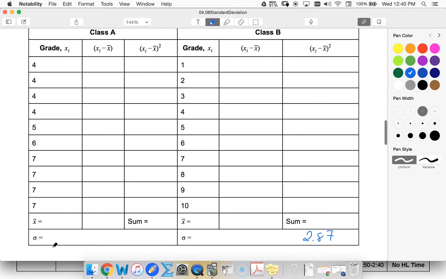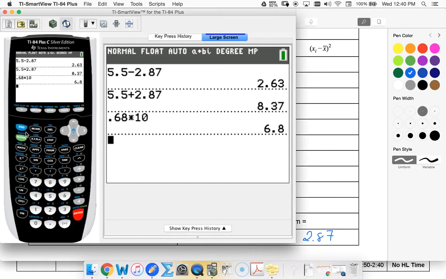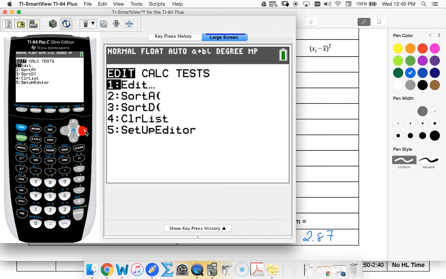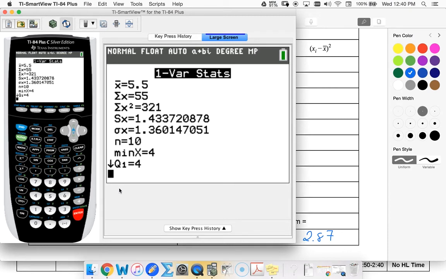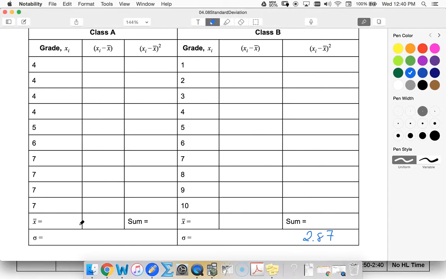So think about our standard deviation. Do you think it's going to be bigger or smaller? Let's go and look. So I'm going to do stat, 1 var, and that first set of data was my list 1, no frequency. Now my standard deviation value, 1.36.